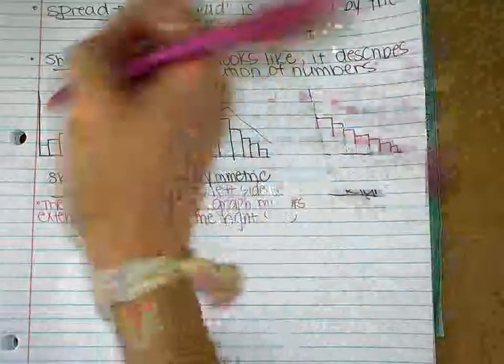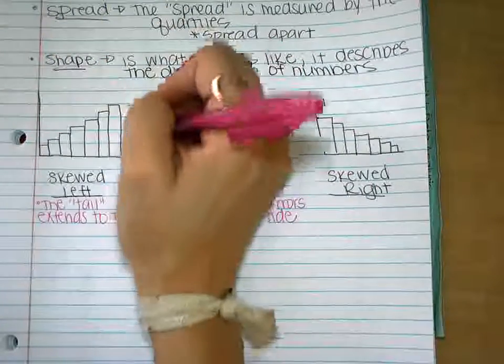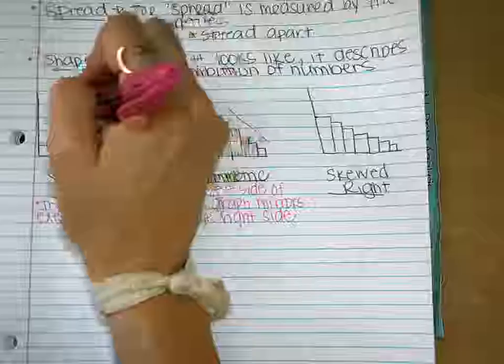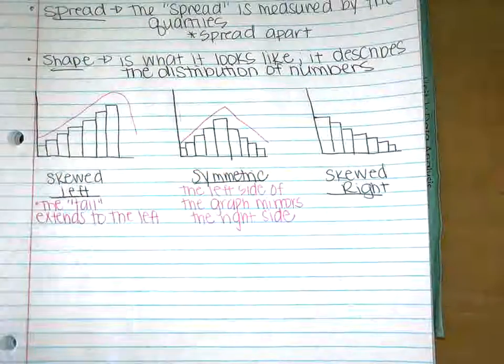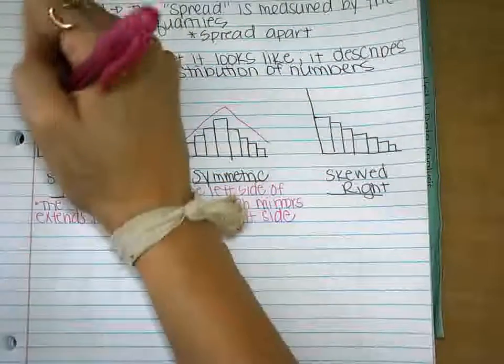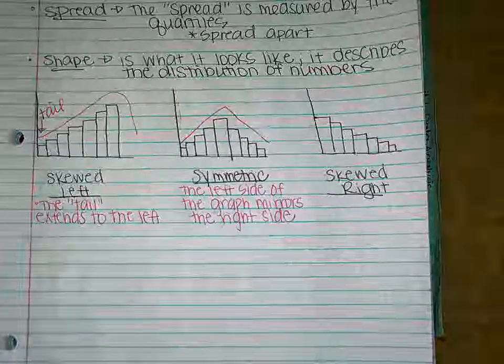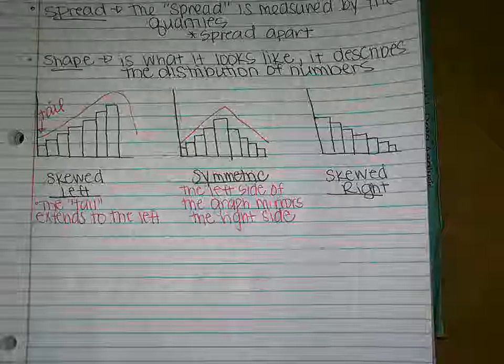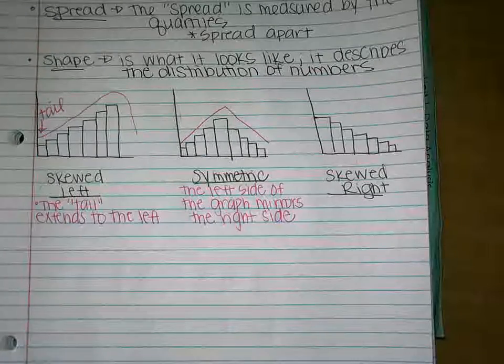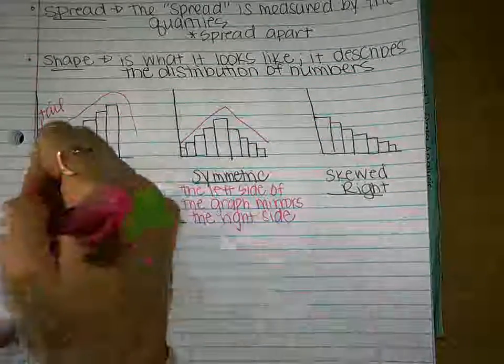So here's what I mean by the tail. If I were to draw a picture, a line goes kind of like that. This part here is the tail of your graph. It is the bottommost part of your graph that all swoops down to one location.